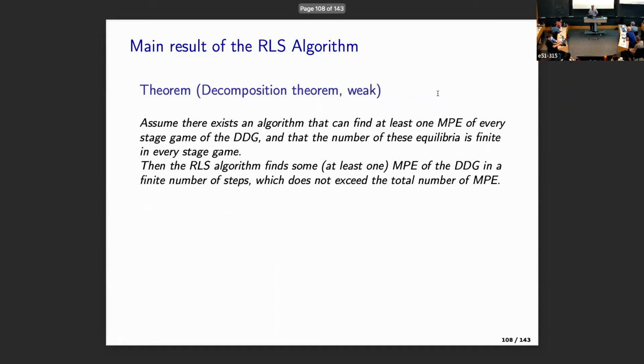But you can also have a weak version of this theorem where, if you can recover at least one equilibrium in every stage, then you can potentially check for multiplicity of a directional model by just exploring whether there are multiple solutions in some of the stages, and then still combine those multiple solutions in the way that RLS shows to construct a set of equilibria in the game.